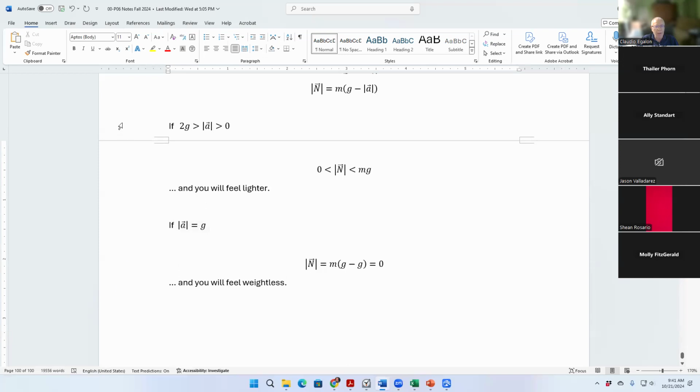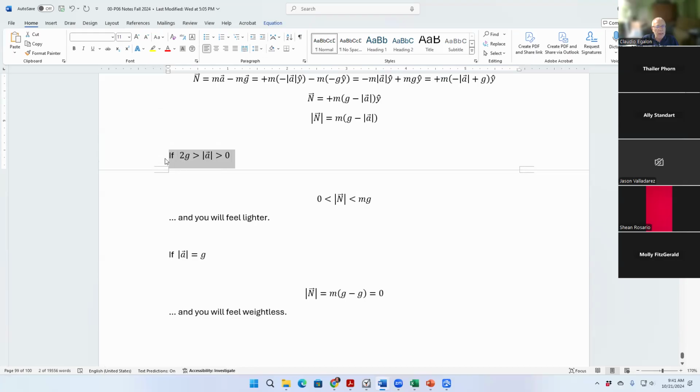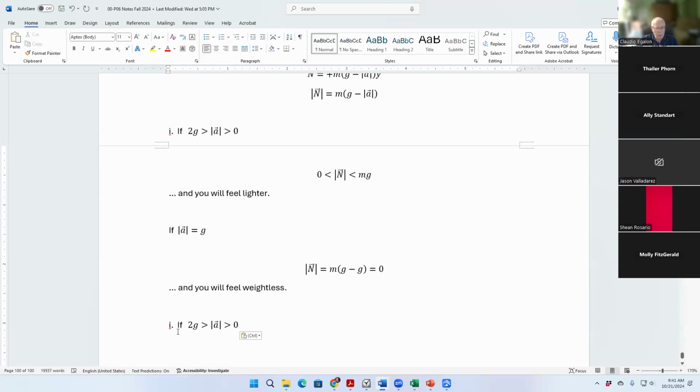Now, let's put it this way. Now we're going to look at another situation here. If A is greater than 2G, what's going to happen to your normal?